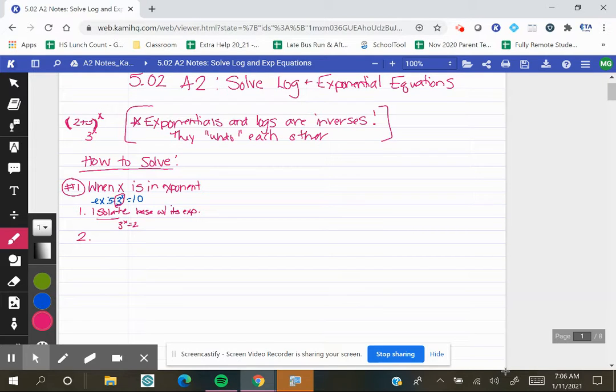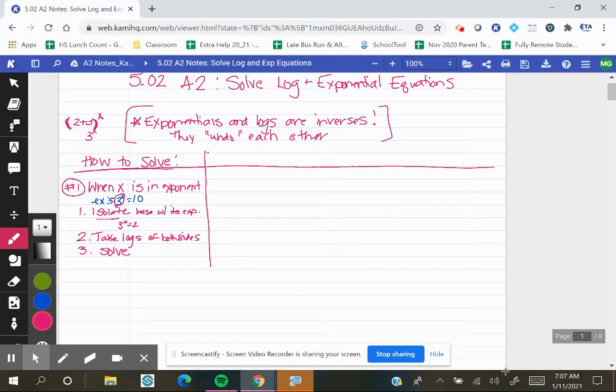All right, after you isolate, you're going to take the log of both sides, or you're going to use logs, and we'll talk about 2 different ways of doing that, depending on your personal preference, and then, of course, you'll solve for x. All right, that is the first scenario.